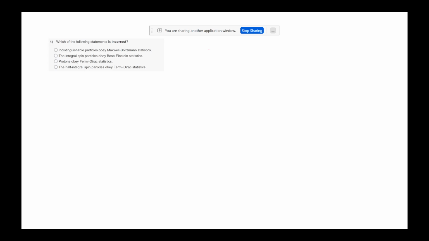Maxwell-Boltzmann statistics is valid for distinguishable particles.